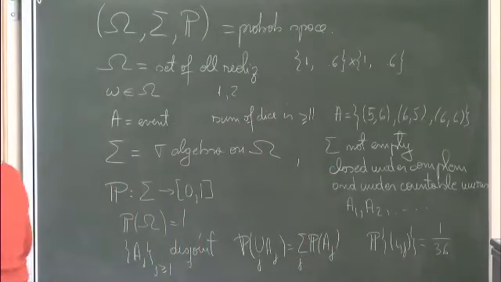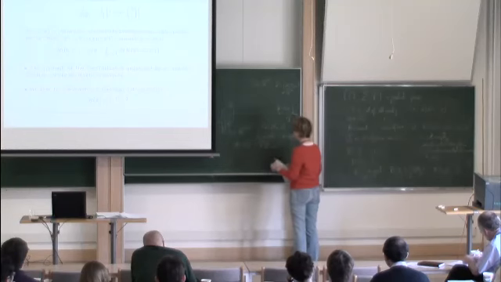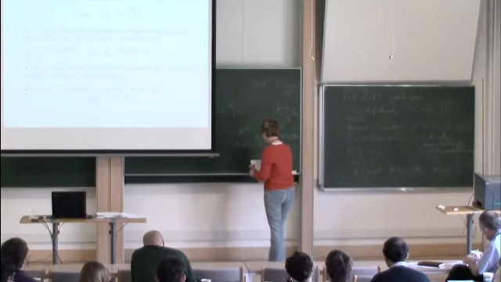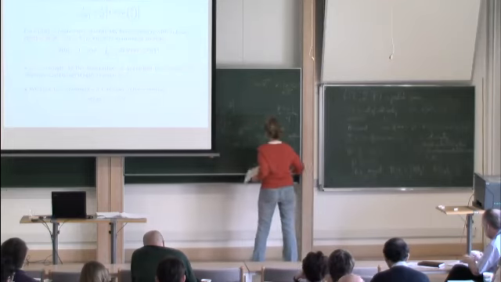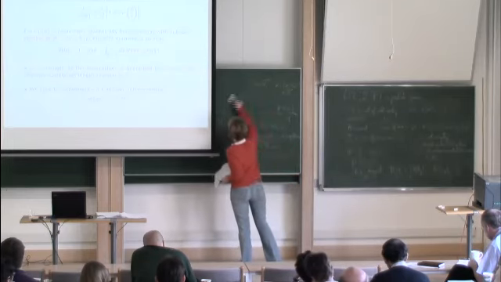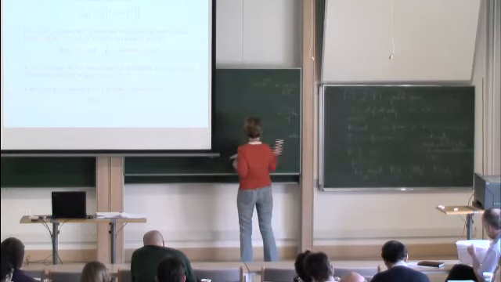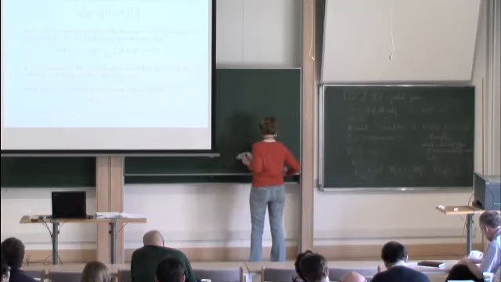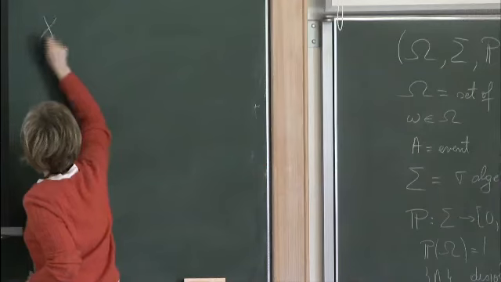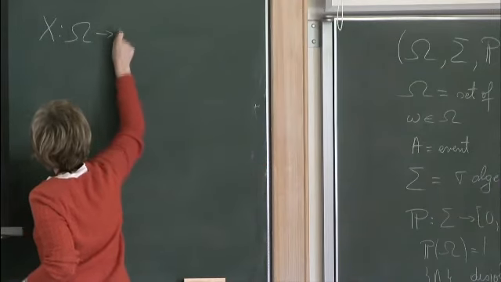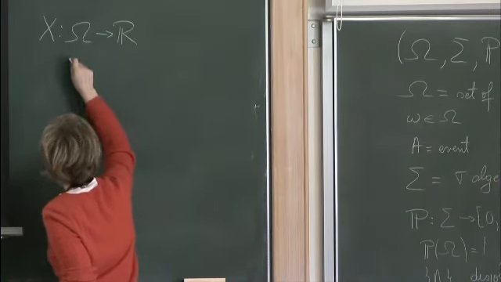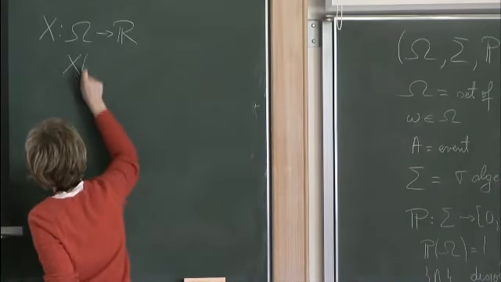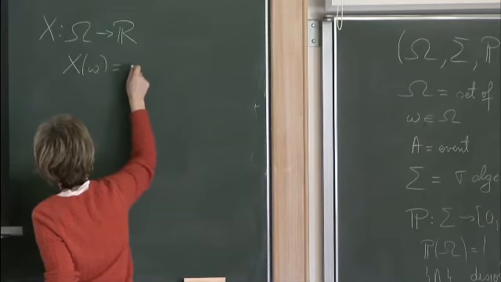Okay, so now we are talking about random variables. What is a random variable? A random variable is simply a function on the sample space with values in R. So if you take any realization, X of omega is just some real number.